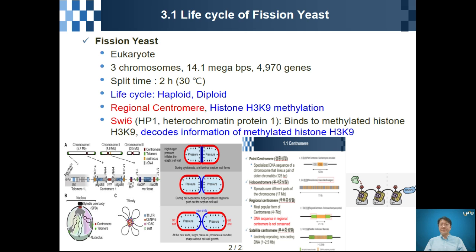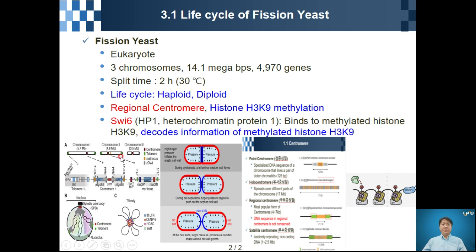Their life cycle is composed of haploid and diploid, a mixture of both. We'll see detailed information in the next slides. They also have the regional centromere, which is the most popular form of centromere.